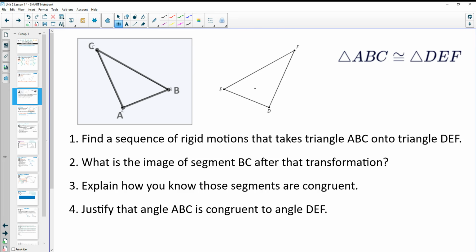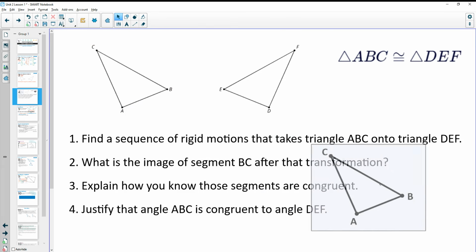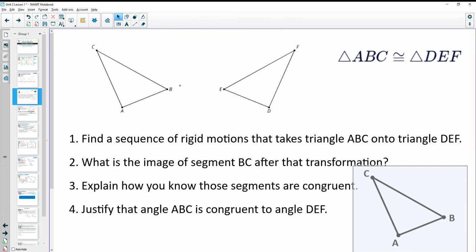You may see that these two, and let me move this tracing paper for a second, look like they're a reflection. So one way, if you want to get this done in one motion, is you could say that we would reflect it over this perpendicular bisector. You don't have to draw that in, but you could just state that. If we had the perpendicular bisector, this would just reflect over it.